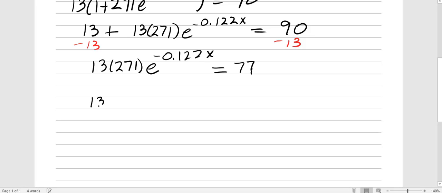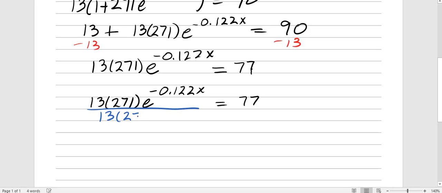So I'm going to do that by dividing by what the exponential is multiplied by. So I'm going to divide by 13 times 271 on both sides.